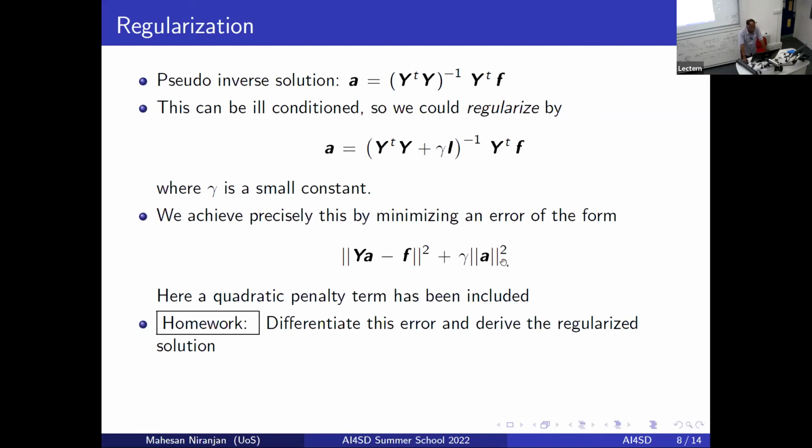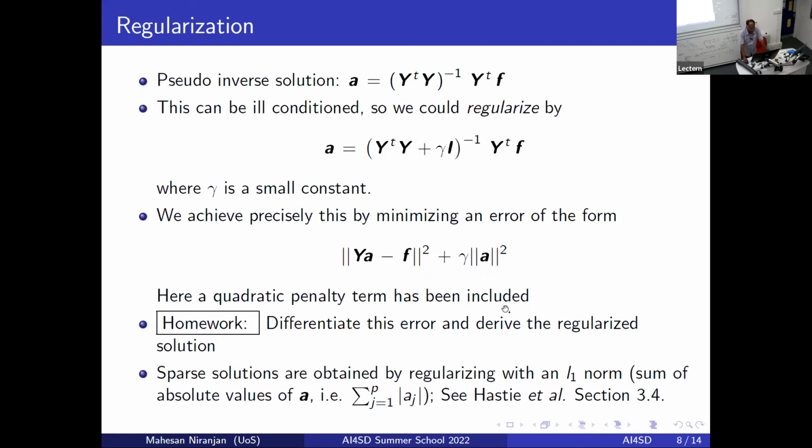Okay, I'm free to add other types of regularizers here. This particular regularizer restricts the values of A from reaching very large values. There's another one, which is quite cool, which is known as an L1 norm. The L1 norm adds the sum of the absolute values of each of the coefficients as this regularizing term.